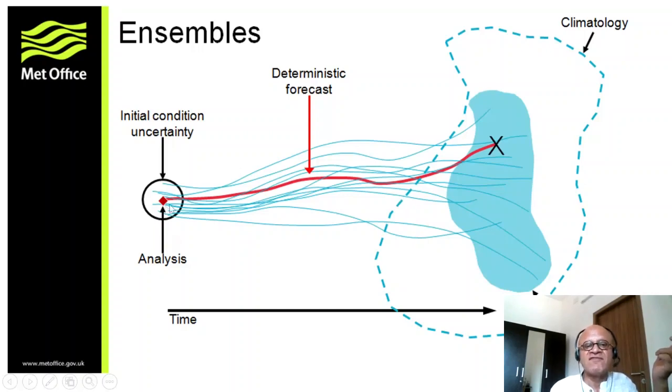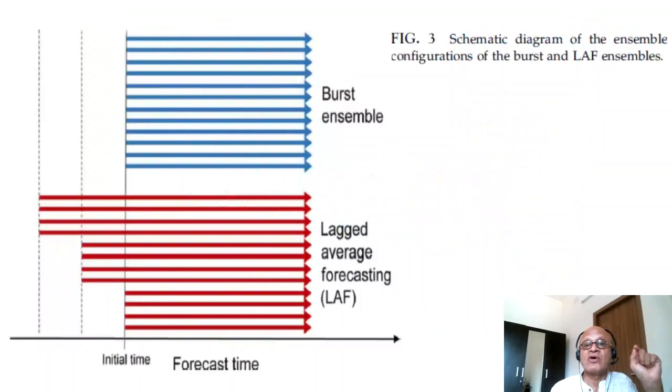So this is where bred vectors, singular vectors, ensemble Kalman filters, 4D-Var, etc. go in terms of methods. So this is the climatology the model has, and then the forecast uncertainty is there. So skill metrics take care of whether you are capturing the deviations from climatology accurately or not.